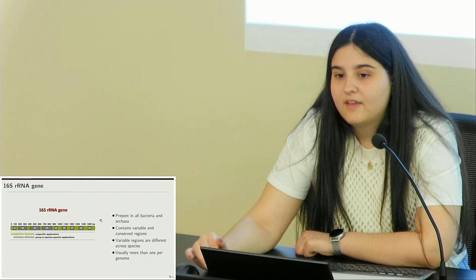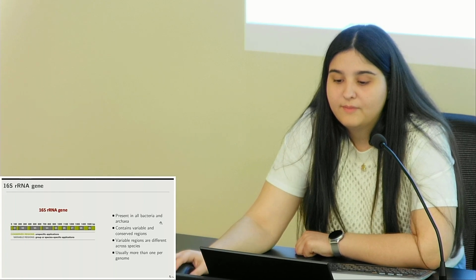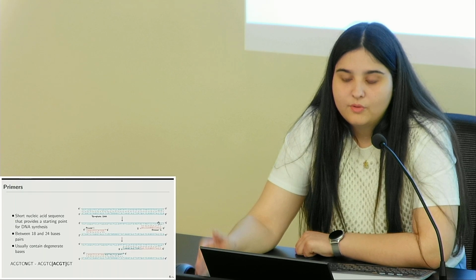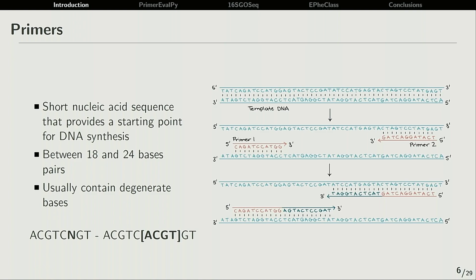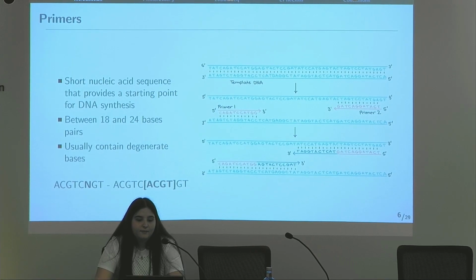So, how can we find this gene inside the genomes of bacteria and archaea? To do that, we can use primers. Primers are short sequences of DNA that provide a starting point for DNA amplification. They usually have between 18 base pairs and 24 base pairs.